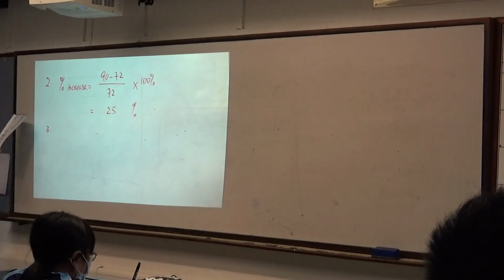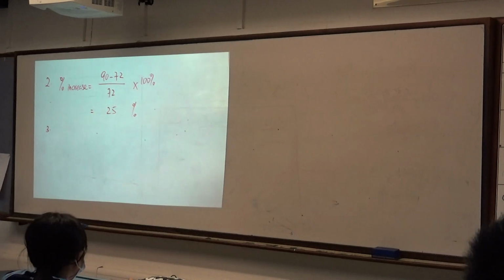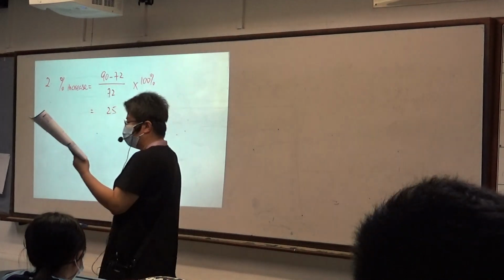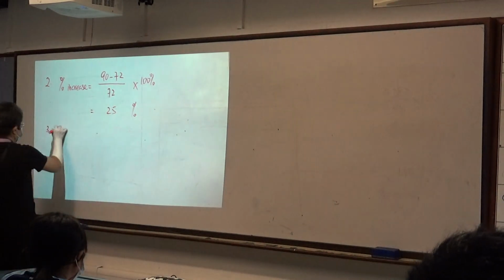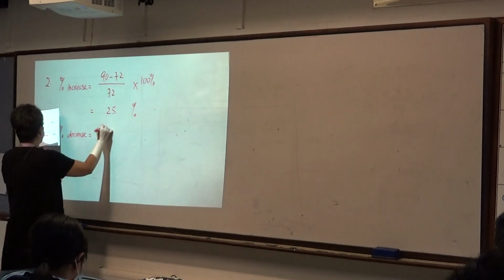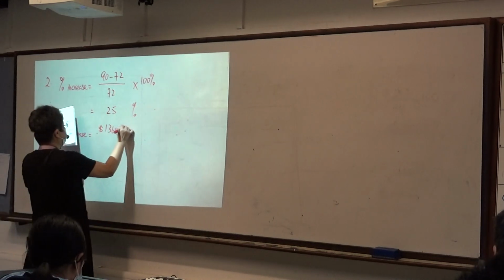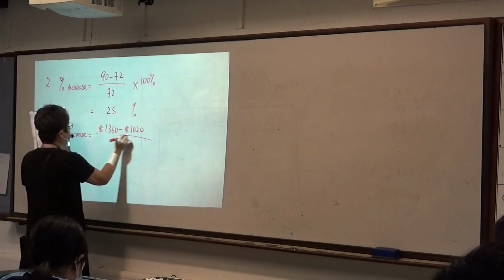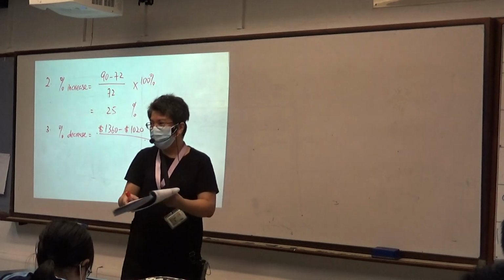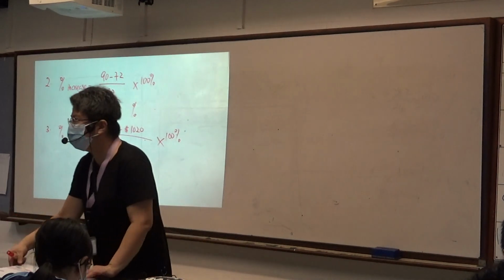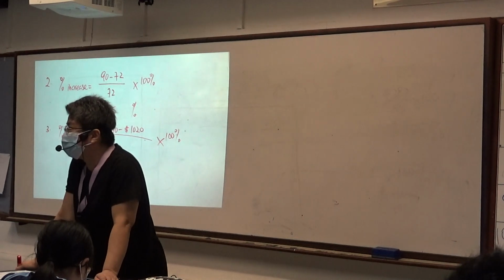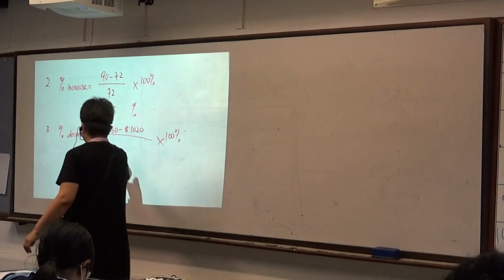The price of a desktop computer decreases to this. Find the percentage decrease. So percentage decrease will be 1360 minus 1020 over something times 100%. May I know over what? 1360.